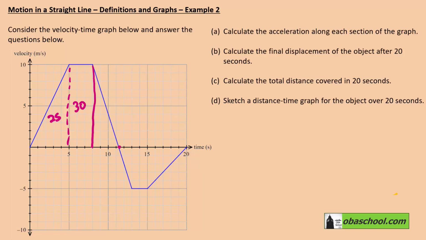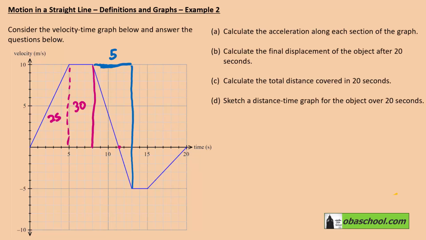We know that it's gone 1, 2, 3, 4, 5 across, like so. I just paused and actually drew that a bit better. So that goes 5 across. And it goes down 15.